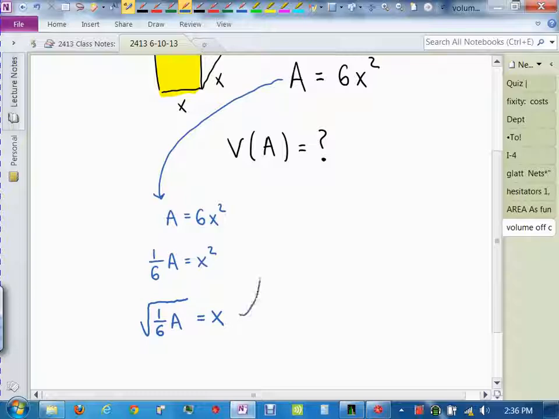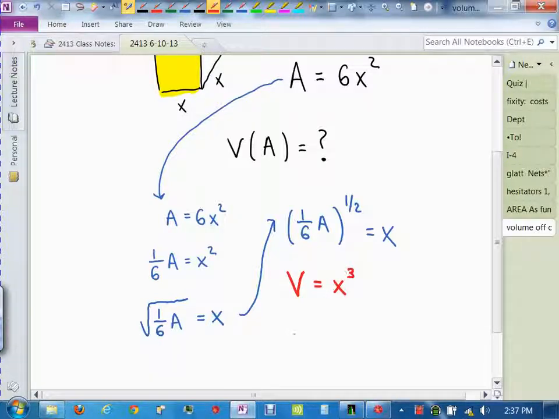Now, just for the sake of understanding radicals, do you agree with this? The square root is the same as raising something to the 1/2. Now, let me come back and I'll do it in red here below this. What did we say the volume was? It was x cubed. But now the volume is actually, what was x? It's 1/6 a to the 1/2.